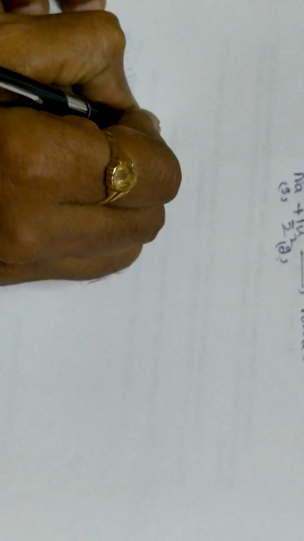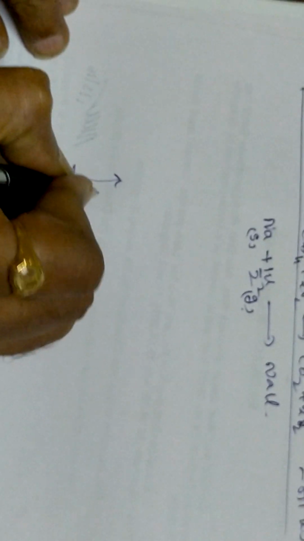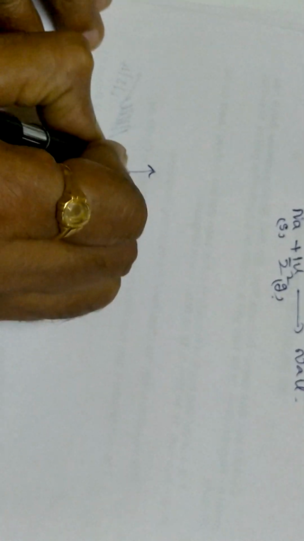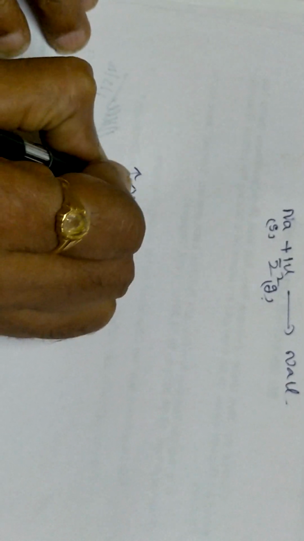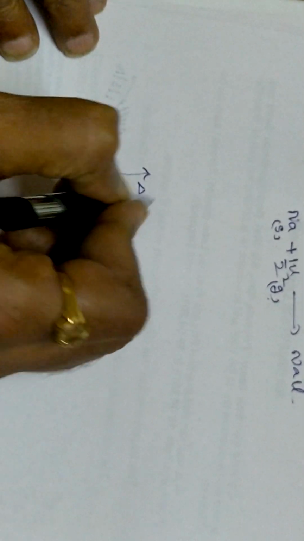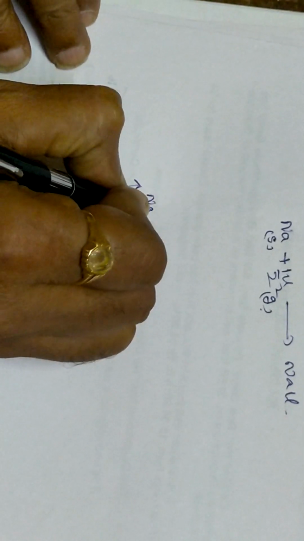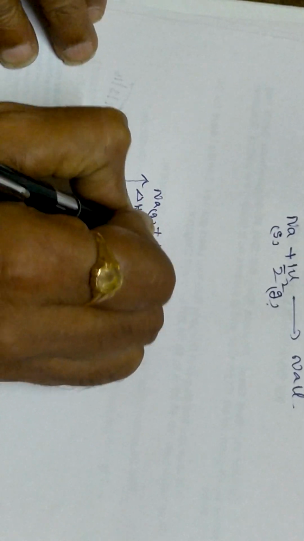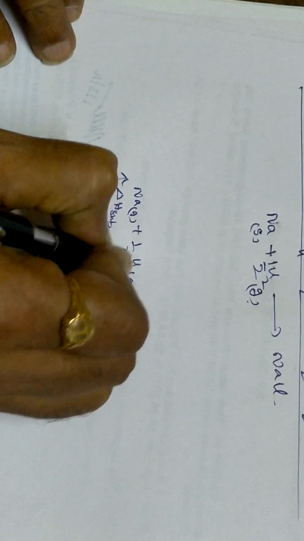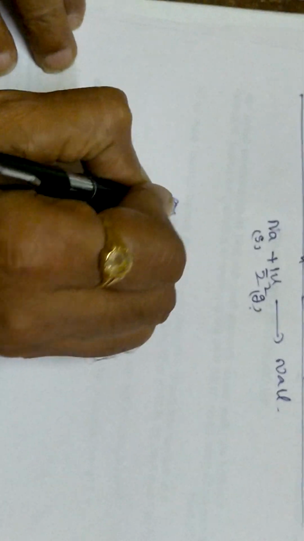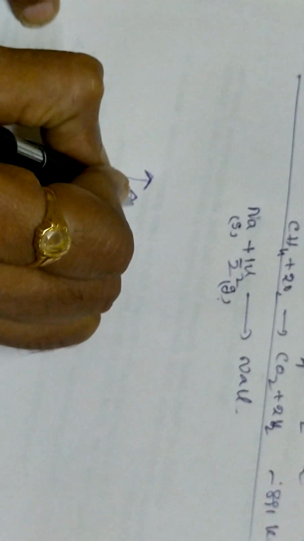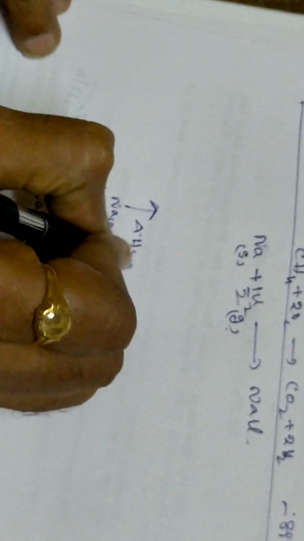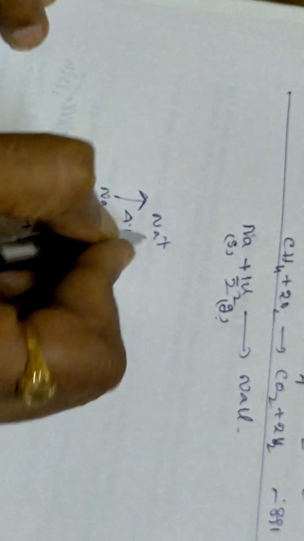Then sodium solid to sodium gas is the first step, that is called sublimation, delta H sublimation. Now it has become sodium gas, and chlorine gas is already available. From sodium gas we take out one electron, that is called ionization, delta H ionization, making sodium plus.